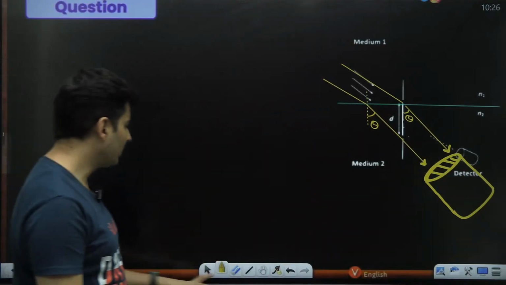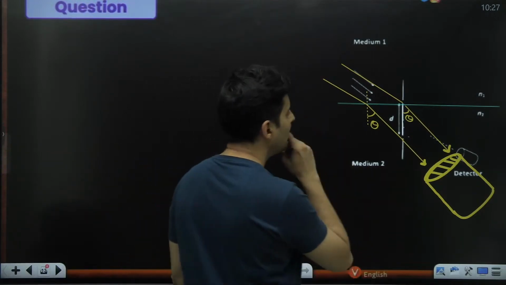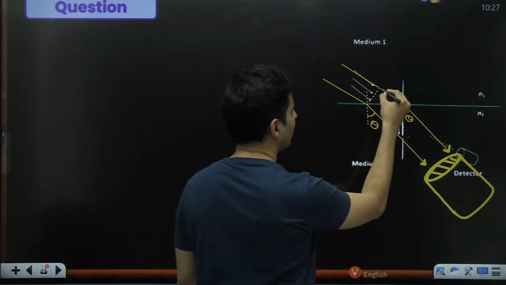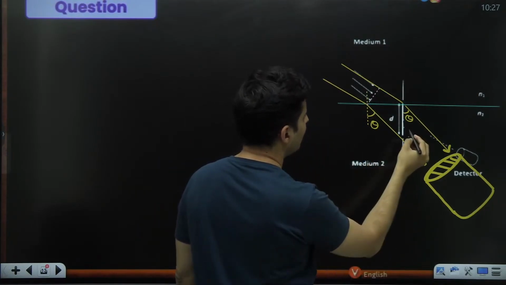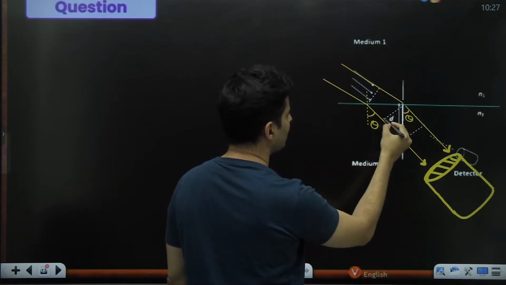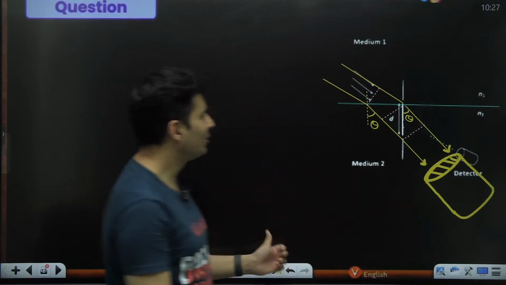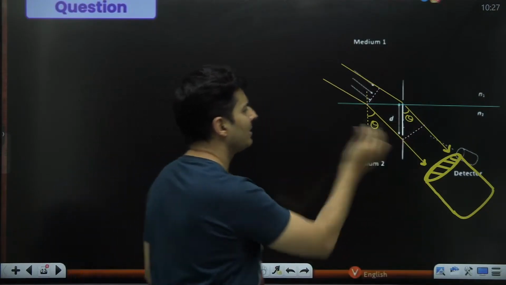So let's try to find out the path difference. To find out the path difference, I need some geometrical constructions. First construction, maybe draw a perpendicular here. Second construction, maybe drop a perpendicular over here. And maybe third construction, drop a perpendicular over here. Or maybe that is not even needed. Okay, this much is enough, I feel.